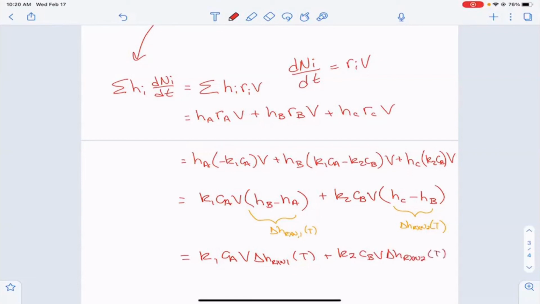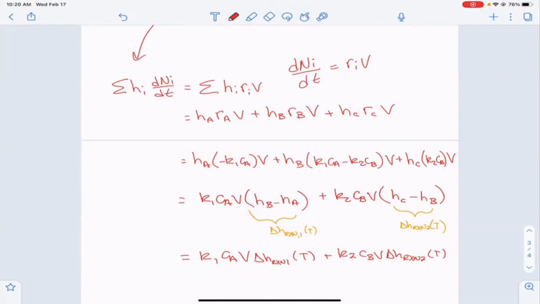And this should feel good for us to get this answer. Now we have that term in variables that bring both reactions into play, and nothing looks foreign.